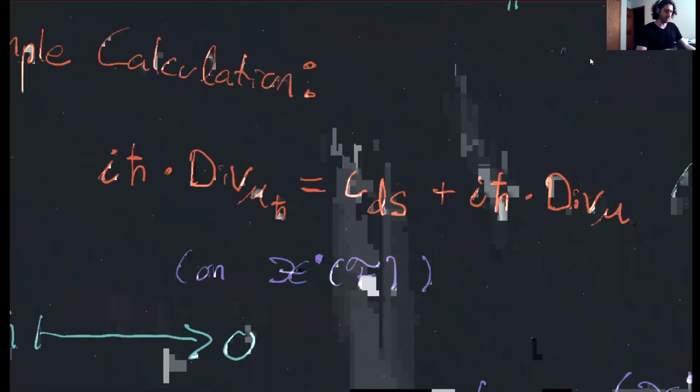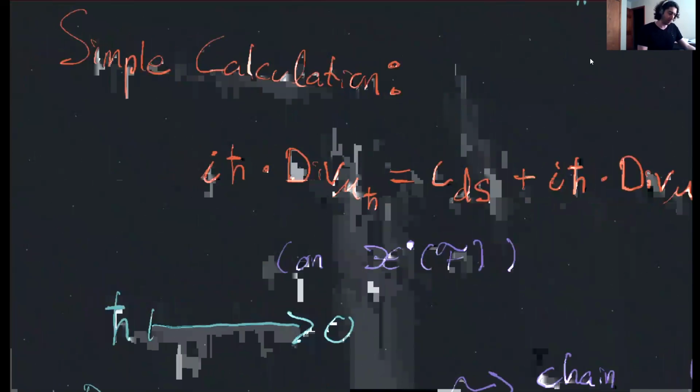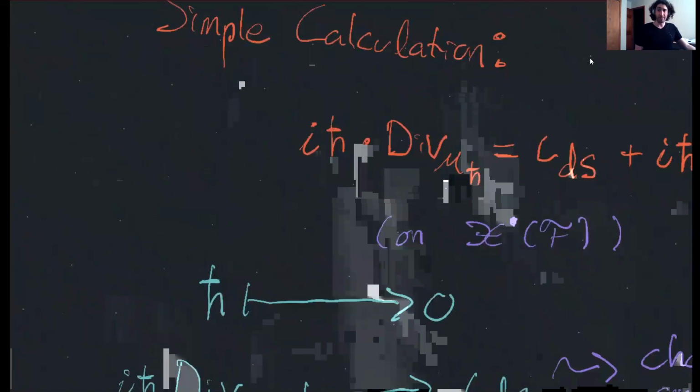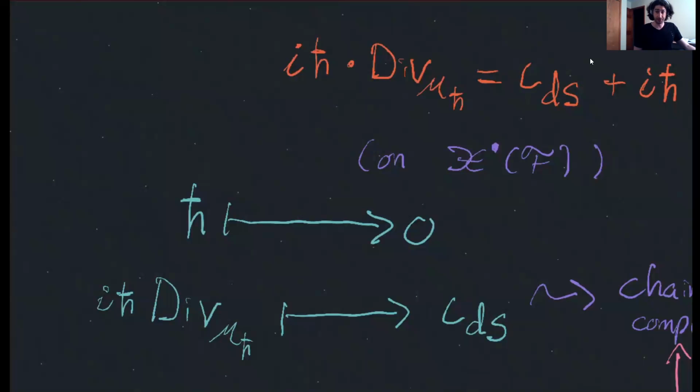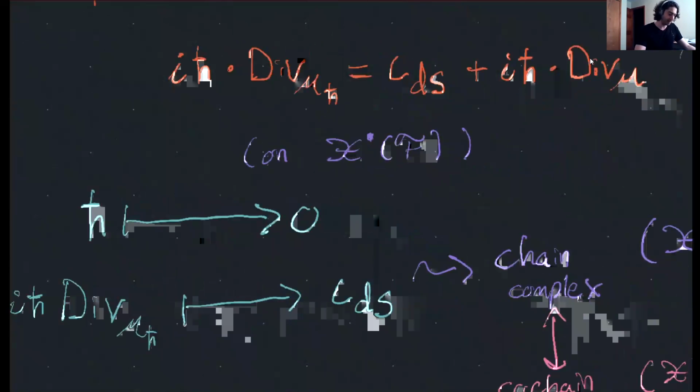And so this is the differential on multi-vector fields. Now you can set h bar going to 0, and this divergence operator collapses to insertion with respect to ds, as a chain complex.